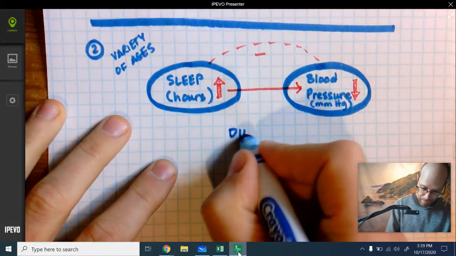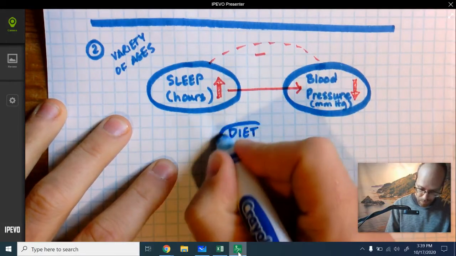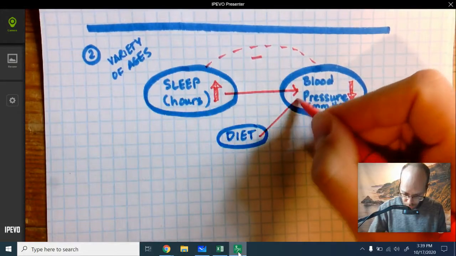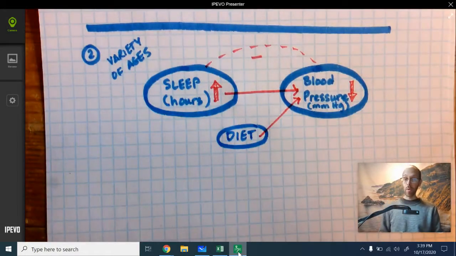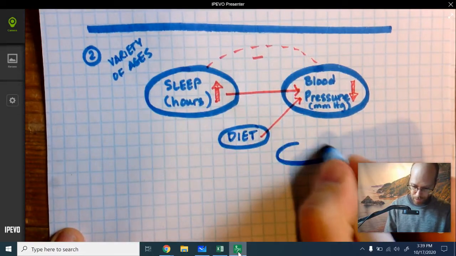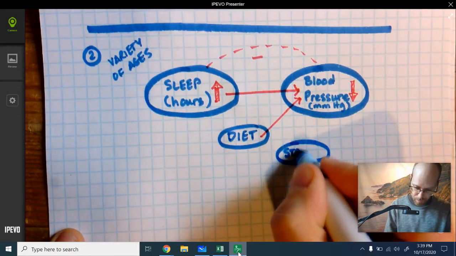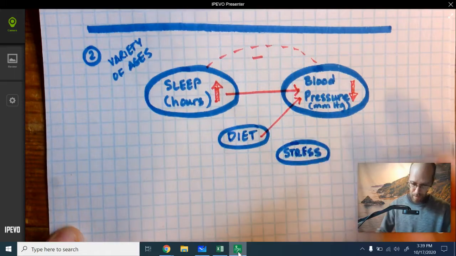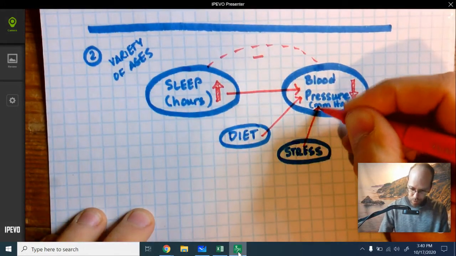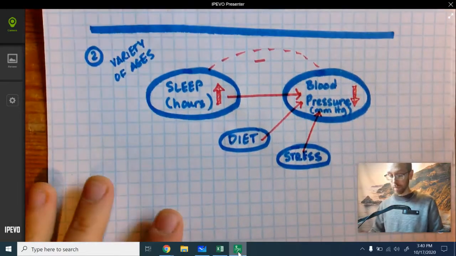There's diet. A person's diet could lead to lower or higher blood pressure. Also, there's the amount of stress that a person has in their life. Higher stress will lead to higher blood pressure. Lower stress will lead to lower blood pressure.